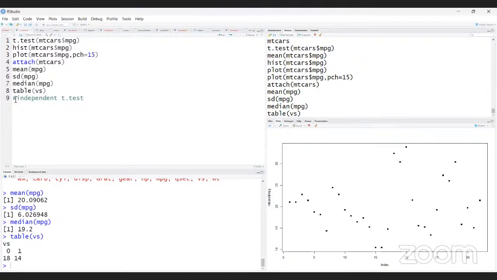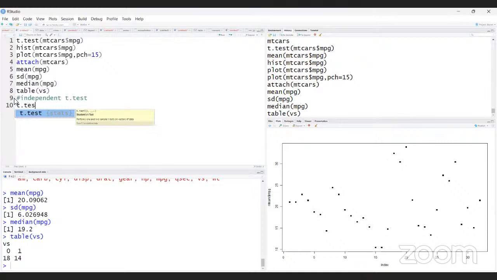After that, I am writing t.test of MPG, then tilde VS. Okay. Here I click the run command.